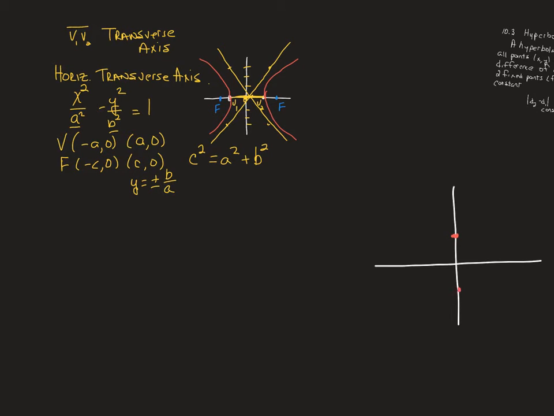These are my vertices. This time it opens up and down instead of left and right. We'll fill in those points in a minute. These are vertices, and the foci would be on the inside here.